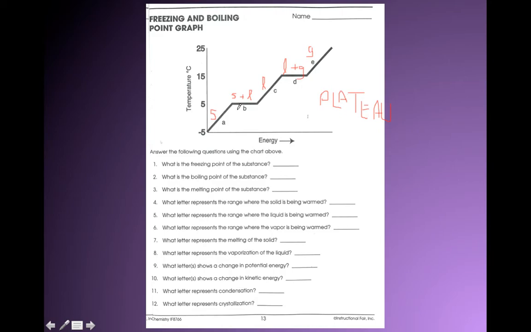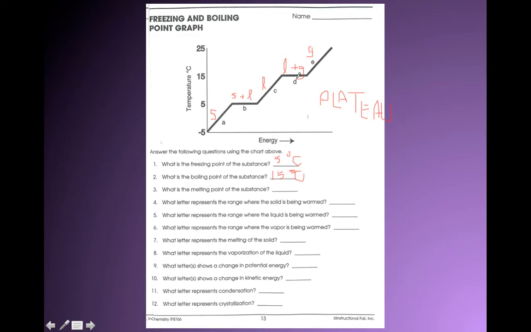So the freezing point we can see is 5 degrees Celsius. And the boiling point happens to be 15 degrees. That's supposed to be a C. That's 15 degrees Celsius, by the way.